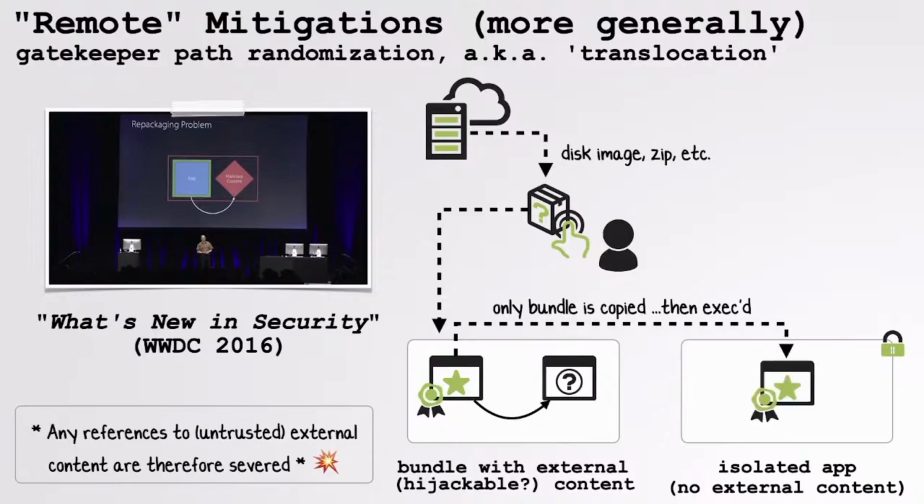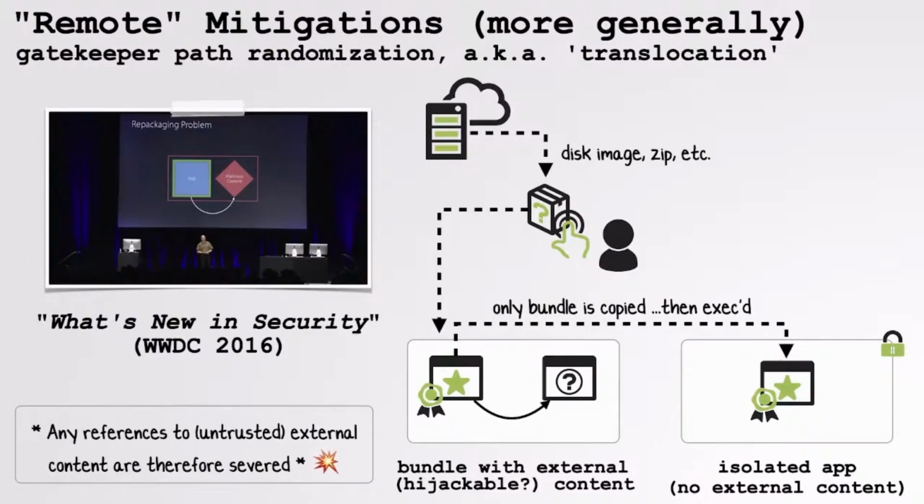The main issue here, and this extends far beyond Dylib hijacking, was what they referred to as the repackaging problem. They basically said, when the user downloads something and double-clicks it, maybe we, Apple, have verified that application that the user is running, but there's no way for us to verify everything else on the disk image. It might be an external dynamic library, but it also might be a config file with shell commands, right?